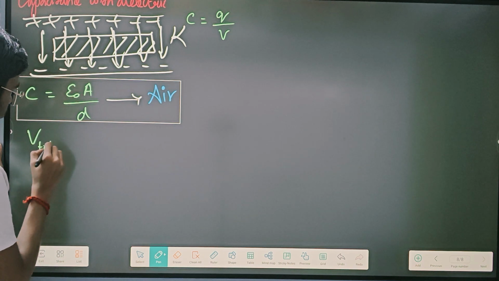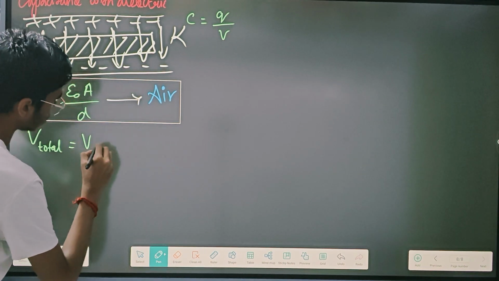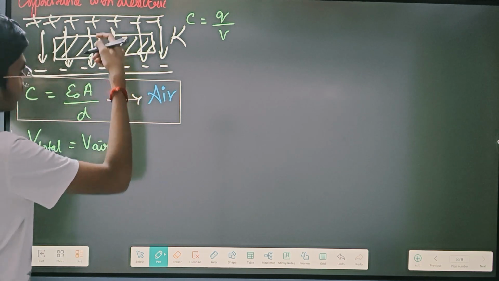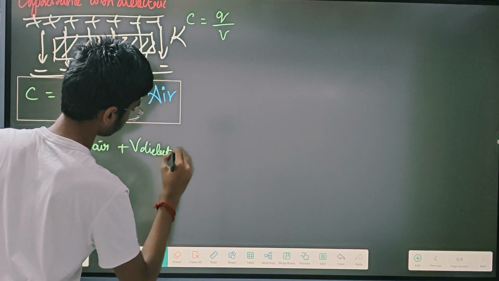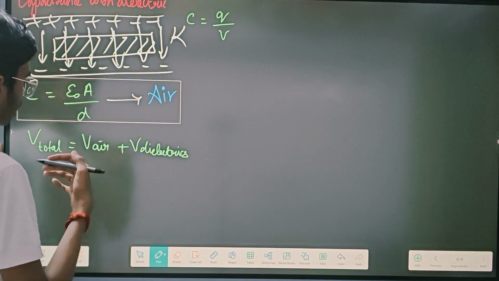Voltage total is equal to voltage in air plus voltage in the dielectric. Exactly right. So voltage in air.